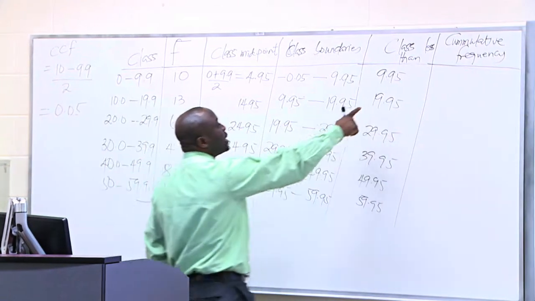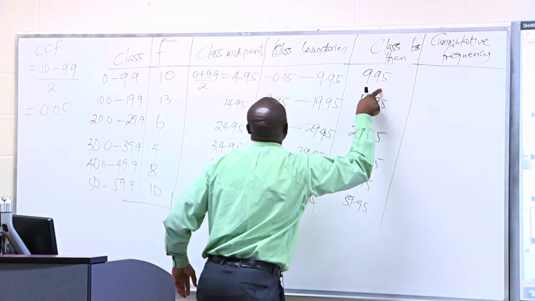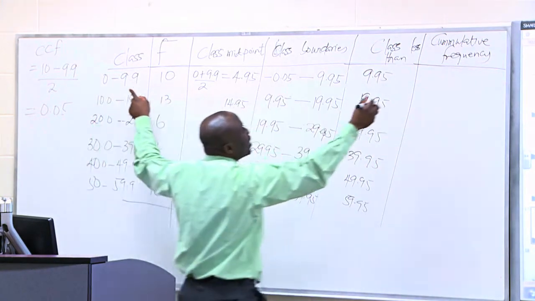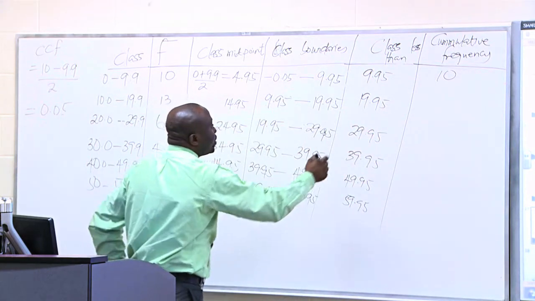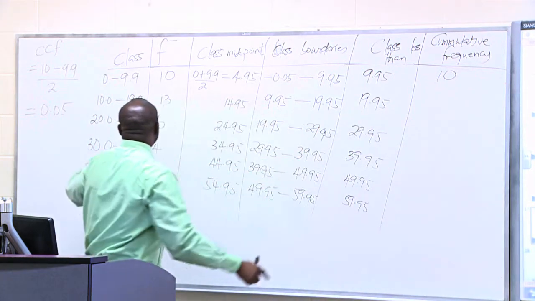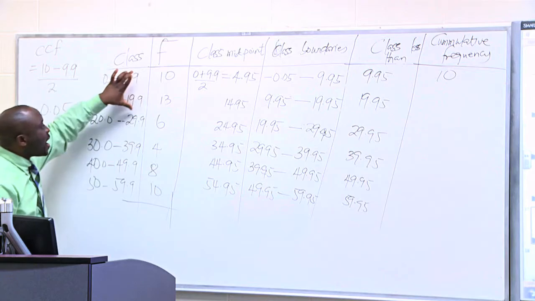So we have 9.95. How many classes are less than 9.95? Just the first one. So 10. 19.95, two classes here are less than 19.95.